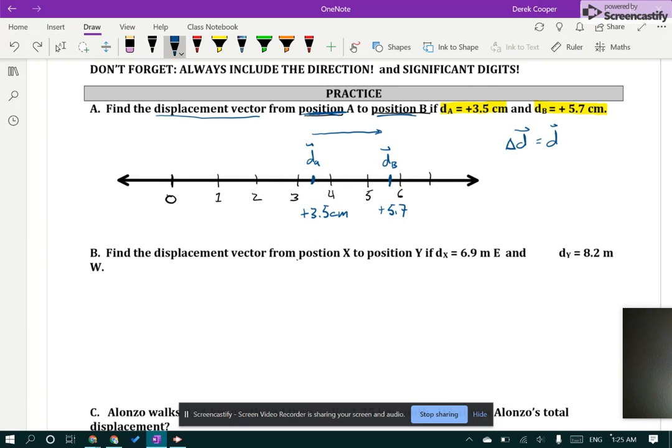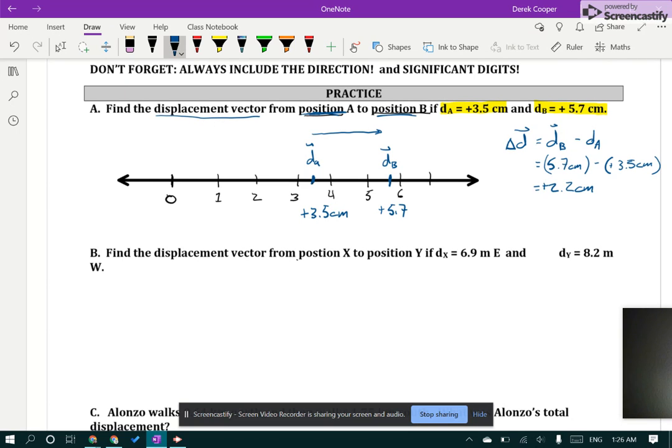So we've got position B minus position A, which is the same as saying 5.7 centimeters minus, and that's a positive 3.5 centimeters. When we punch that into our calculator, we get 2.2 centimeters, and that's a positive one.